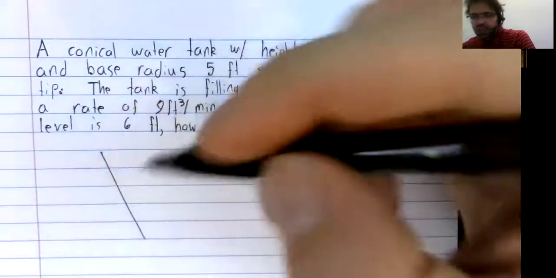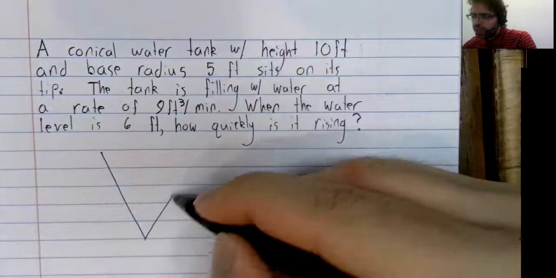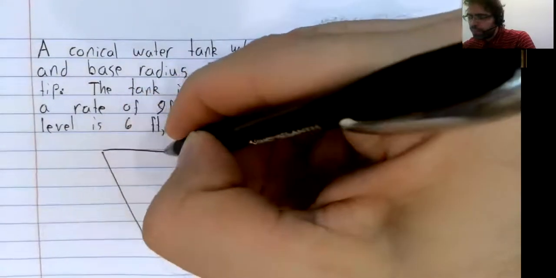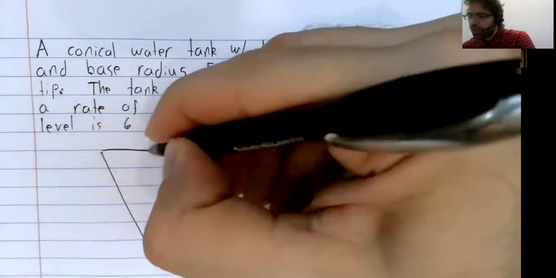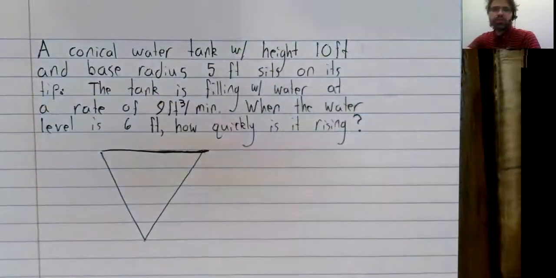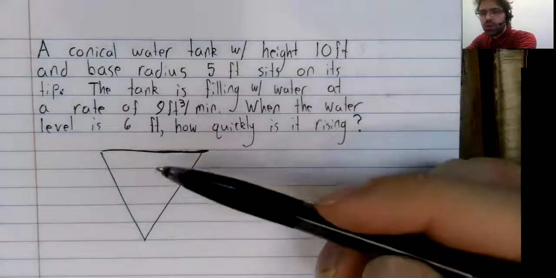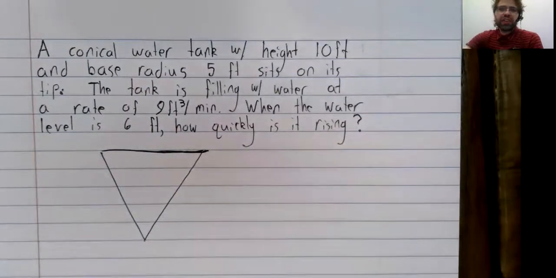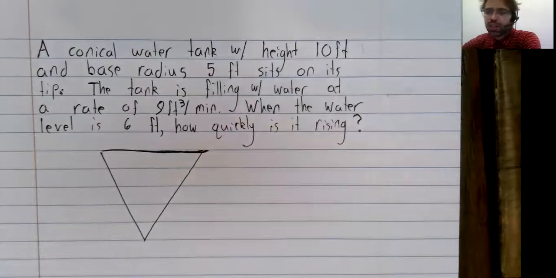We are absolutely not going to get anywhere without a picture. I don't want to try to draw a three-dimensional cone, but hopefully this cross section will be good enough.